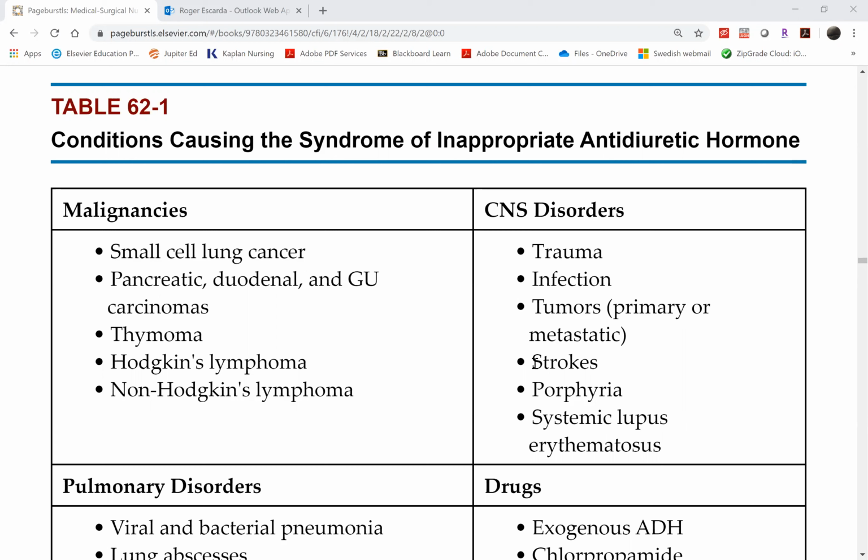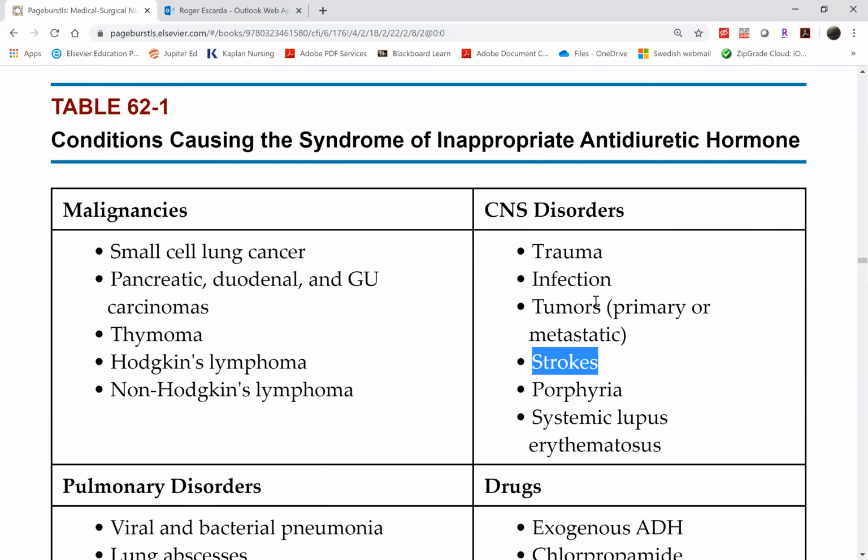So for exam 2, when we do chapter 45, SIADH will be tested again because this occurs frequently in stroke patients, and also in the same chapter, traumatic brain injury patients may develop SIADH. The rationale is because of increased intracranial pressure.